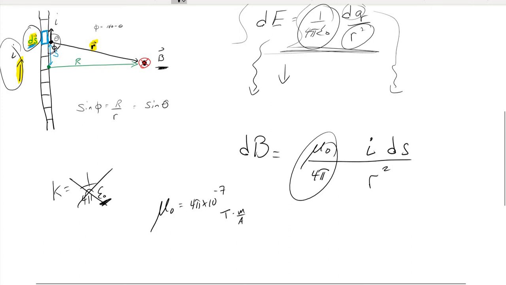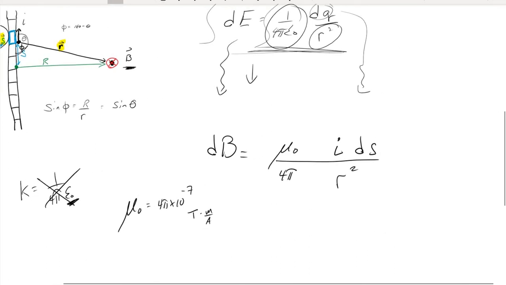Very, very similar to how we saw 4 pi show up when we started using Gauss's law. We're going to see how this 4 pi shows up using something similar to Gauss's law, but for current. So we'll get to that a little bit later, but for right now we need to finish up this equation.